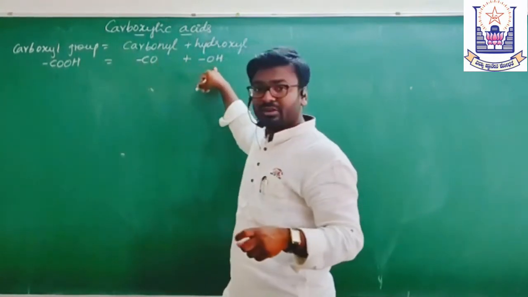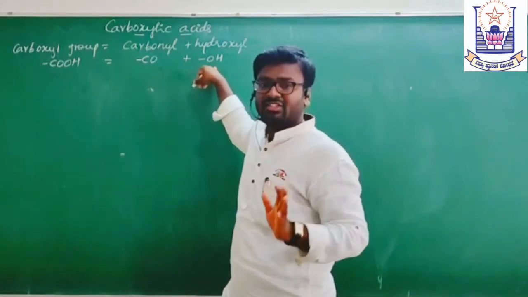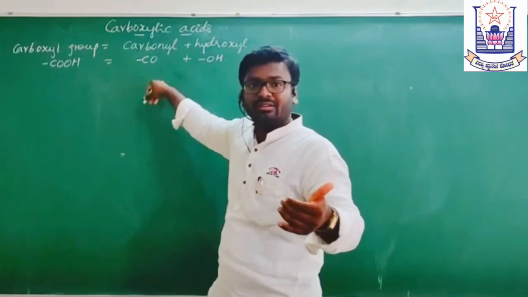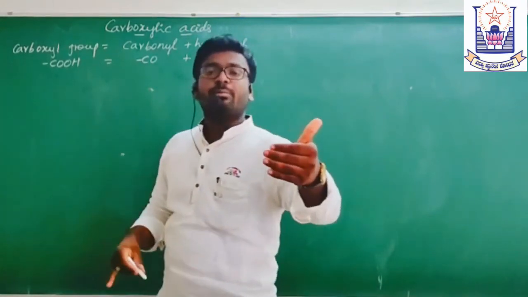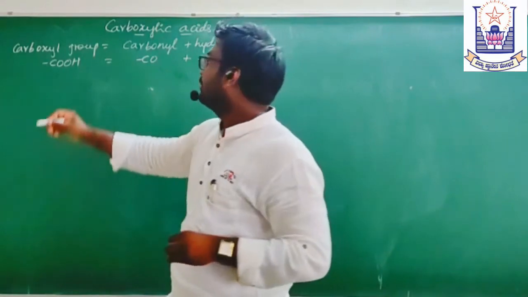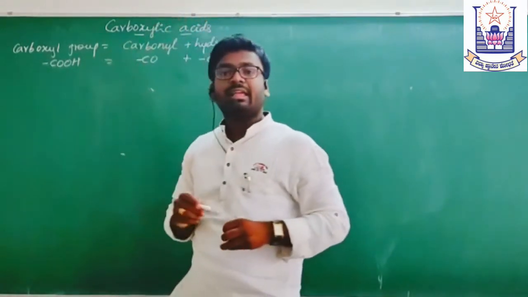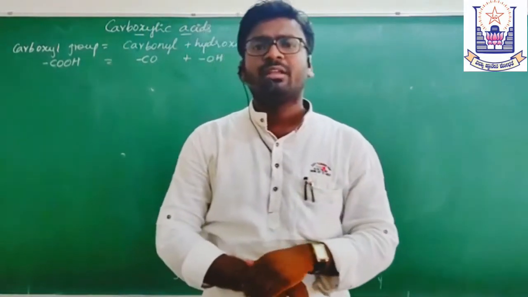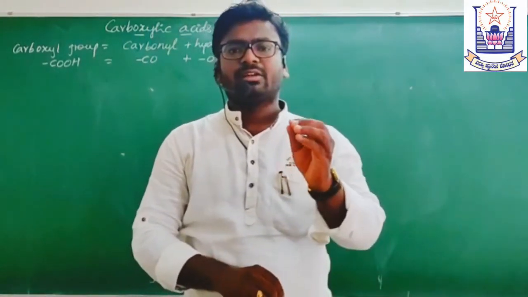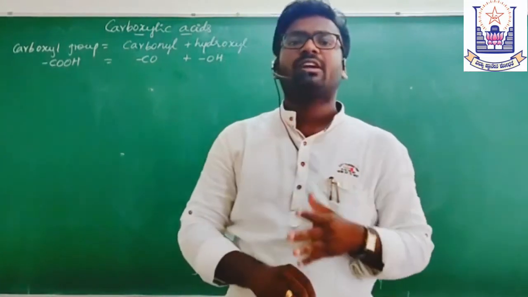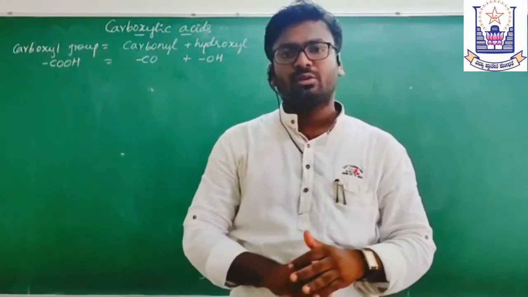It is another functional group, it has its characteristic properties. When these are taken together, a new property will be exhibited by the compound. That compound is carboxylic acid. So it's very simple. The carboxyl group has both the carbonyl and hydroxyl groups.